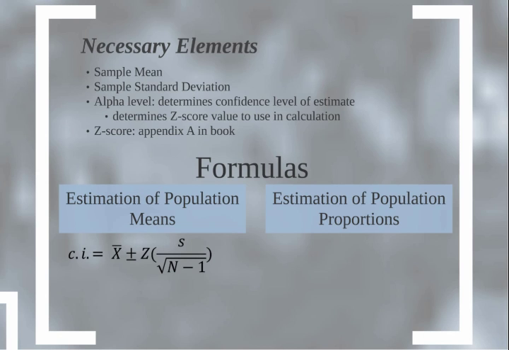Our confidence interval for the estimation of population means is here on the left, and what we find is it's the sample mean, that's the x bar, plus or minus the z-score, which is related to the alpha level, times the sample standard deviation divided by the square root of the sample size minus 1, right? Another thing that I forgot to put on here is that one of the necessary elements is sample size. We absolutely need that, the size of the sample.